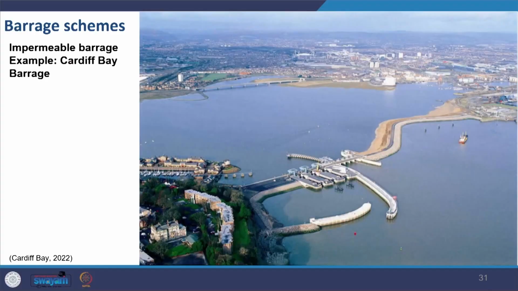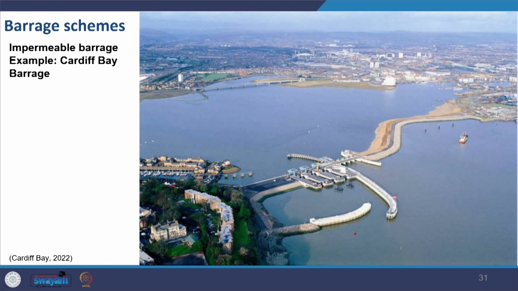That's one example. Another example, of the impermeable barrage, is the Cardiff Bay Barrage. The Thames Barrage is said to have lesser environmental impact, since it's very flexible.